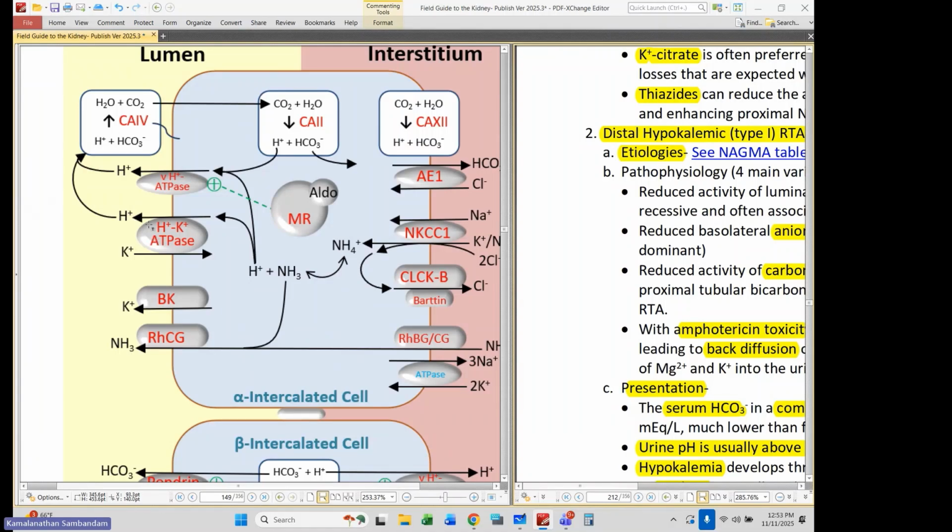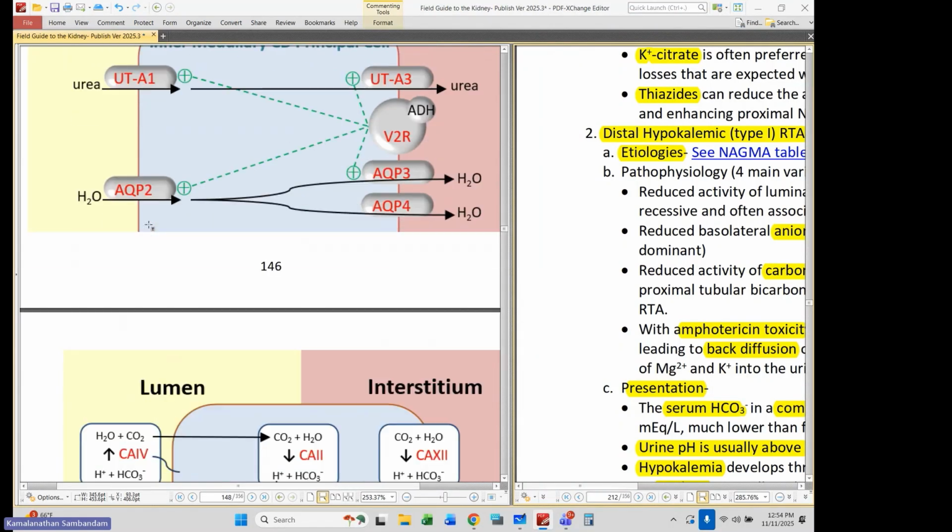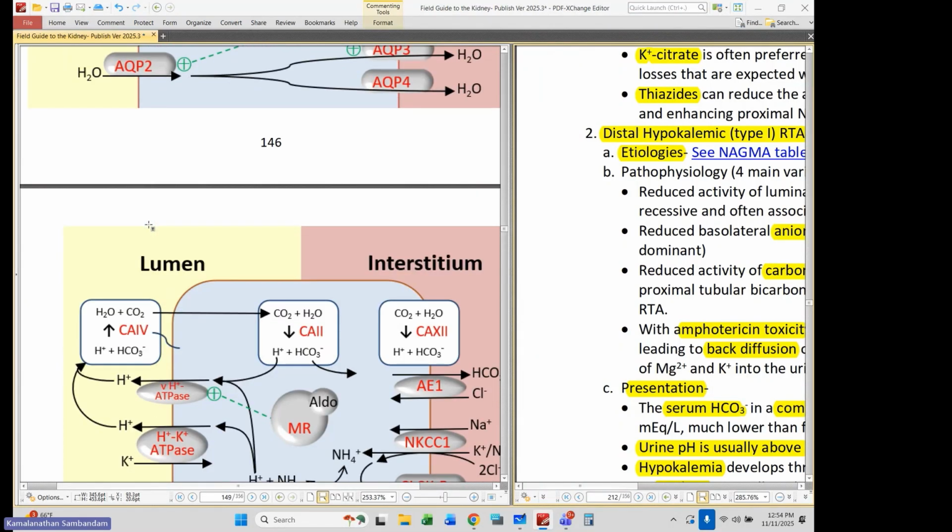Okay, so how can you argue then, if this is just a distal defect, that ammonium excretion rates are low in distal RTAs? Does that make sense? You have to say that there's a problem with ammonium excretion rates. And so some people have said that distal RTAs are actually defects in which there is a problem with proximal tubular ammoniogenesis. Some people make that argument.